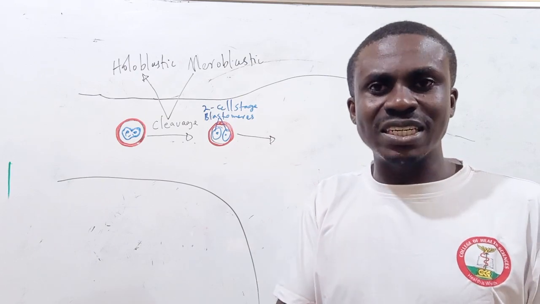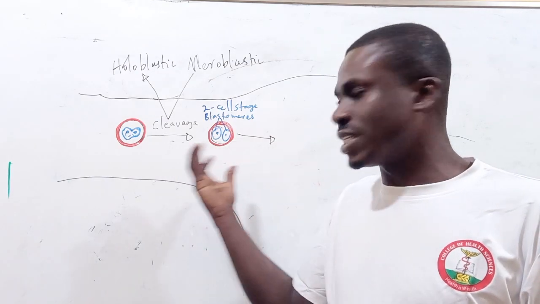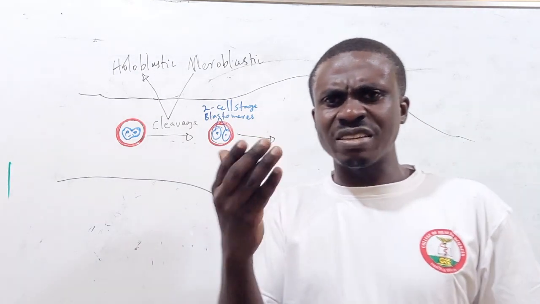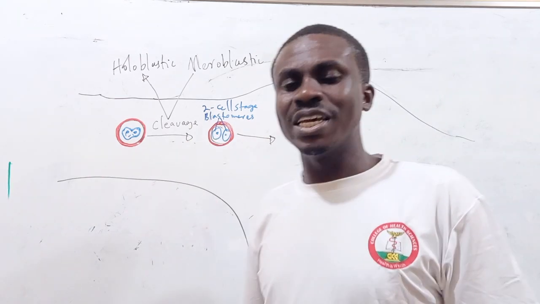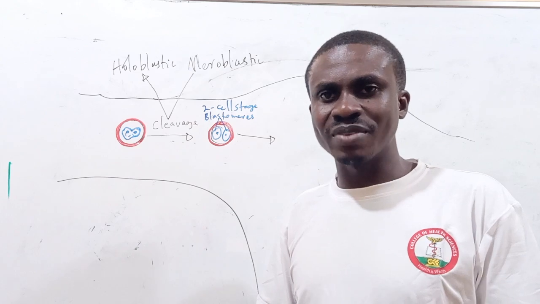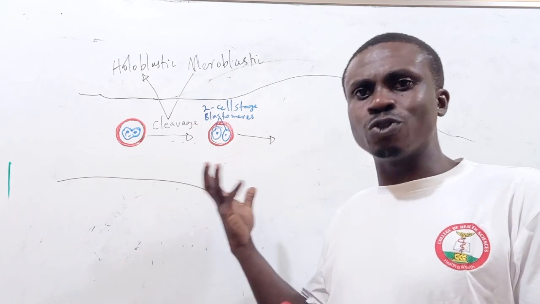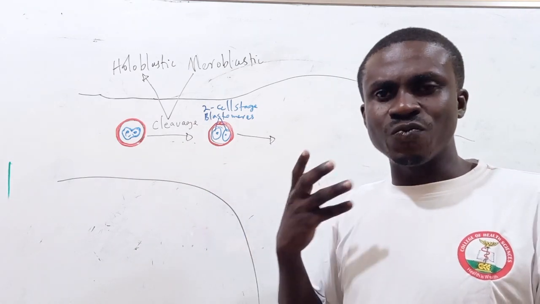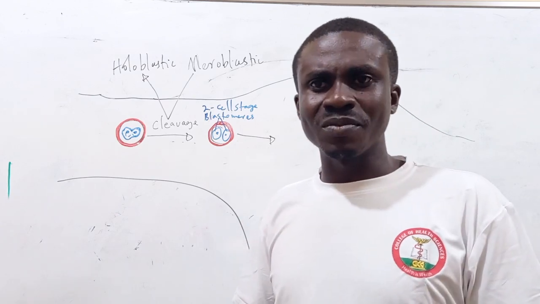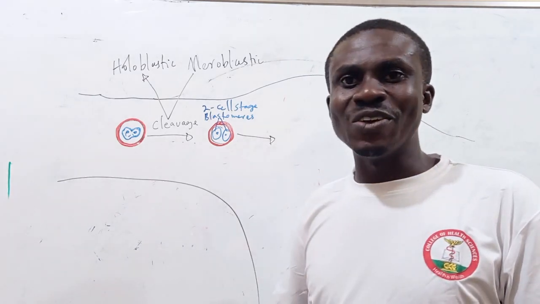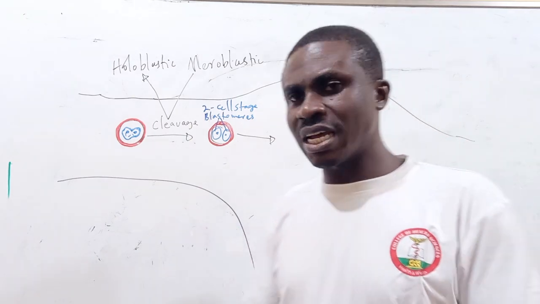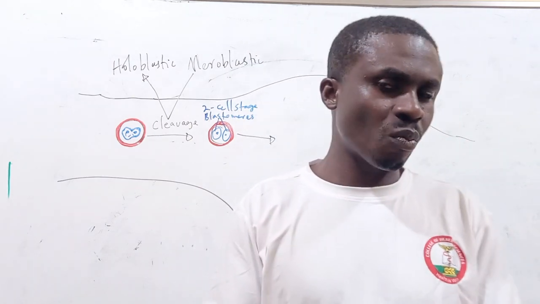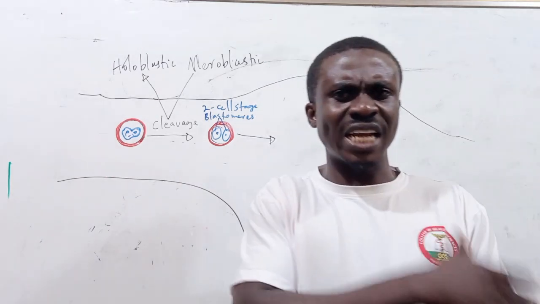As I told you, 36 to 48 hours, then we get a 4-cell stage. Then from the 4-cell stage, they also divide, 48 to 60 hours, and we are going to get the 8-cell stage, in that order.